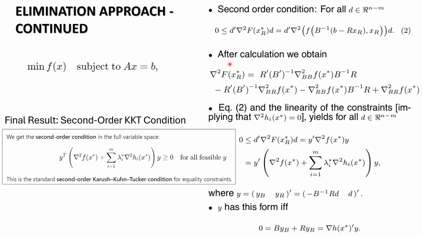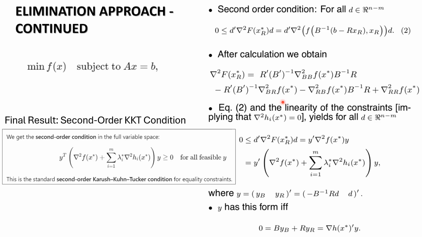And now we are calculating the Hessian, nabla squared f_r at x_r star, and this step applies the chain rule for second derivatives to the reduced function f_r, where x_B = B^{-1}(b - R x_r).